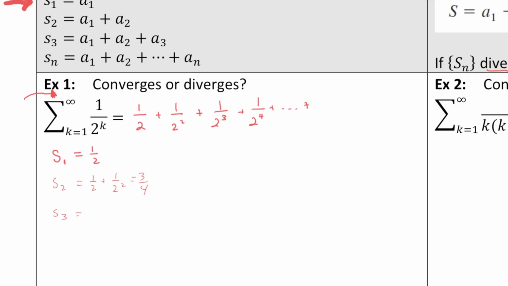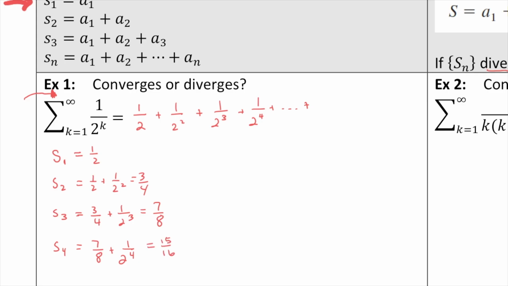S3 is going to be 1/2 plus 1 over 2 squared, that, remember, was 3/4, and we're going to add 1 over 2 to the third, which is going to equal 7/8. S4 is going to be the sum of the first four terms, so that'll be 7/8 plus our 1 over 2 to the fourth, which equals 15/16.